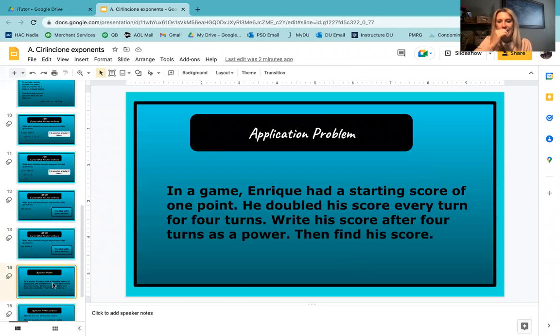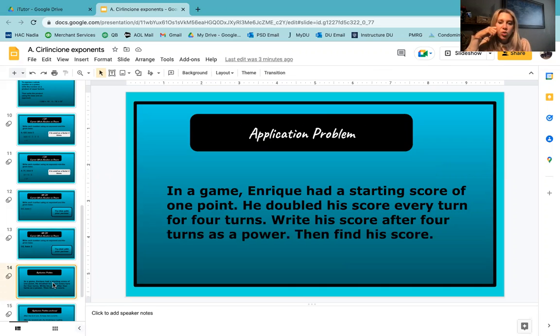All righty. Let's do an application problem. Let's see how this is used in real life. I already talked about how we apply exponents when we're solving for the area of something, like if you're getting your floor done or needing to find the area of something. So in a game, Enrique had a starting score of 1 point.